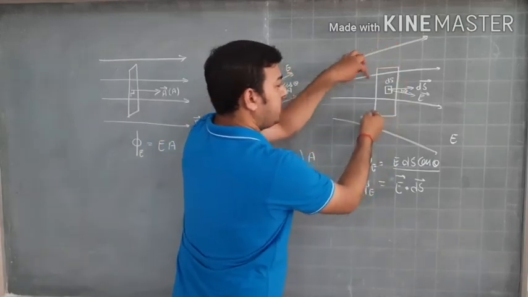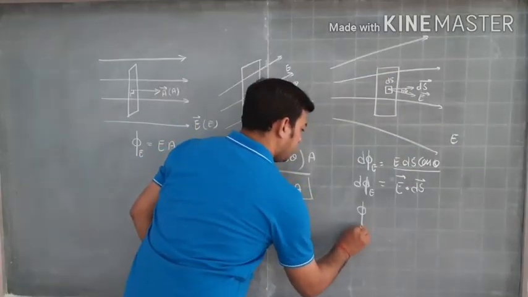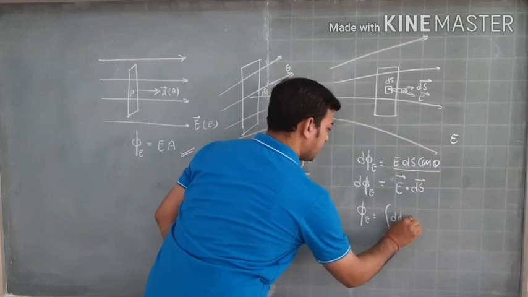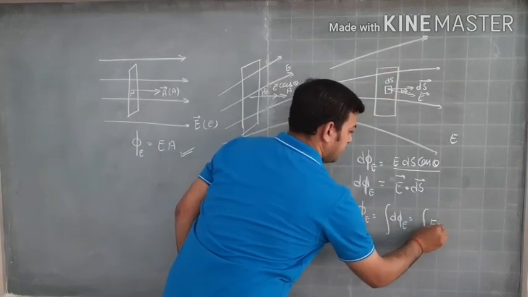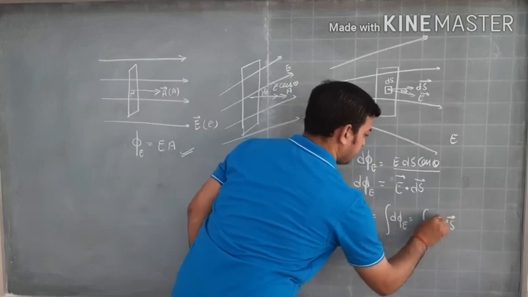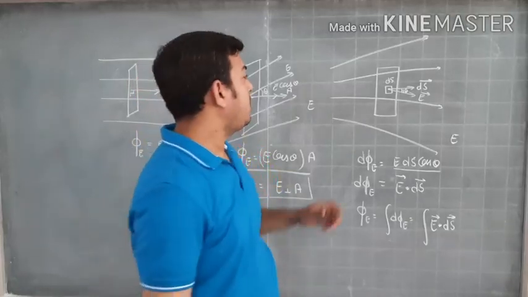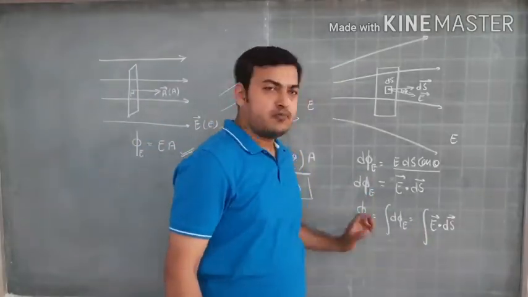Now if I want to calculate the total flux through this surface, what I need to do is I have to integrate this small flux over the surface, and we will get integral E dot ds. So whenever electric field is not uniform or the surface area is not a standard shape, we can use this formula.